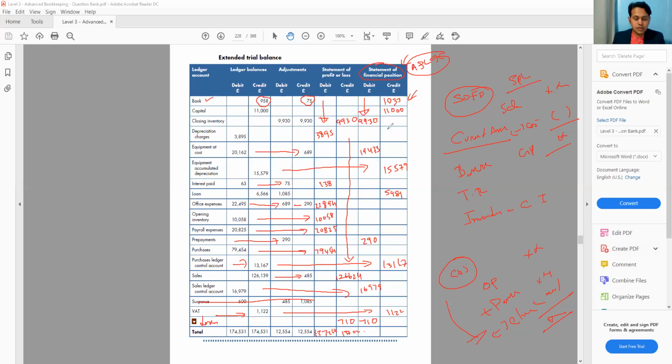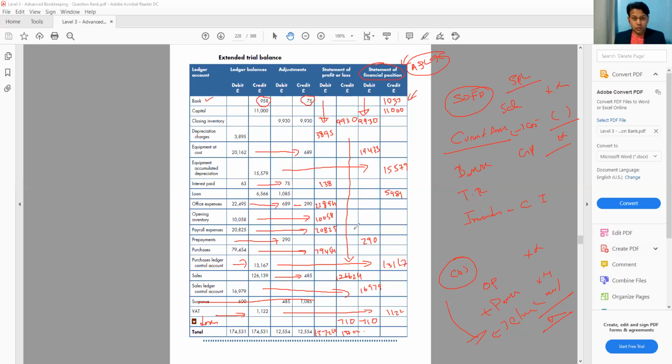So 9930, 19473, 290, 16, 979, and 710. That will give us the total. And on the other hand, we have 1033, 11,000, 15579, 5481, 13, 167, and 1122.